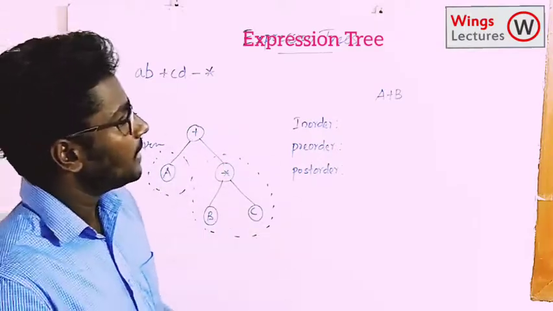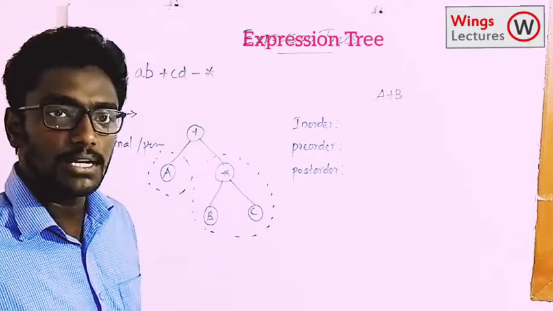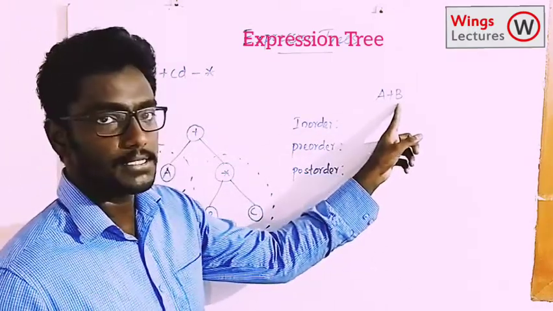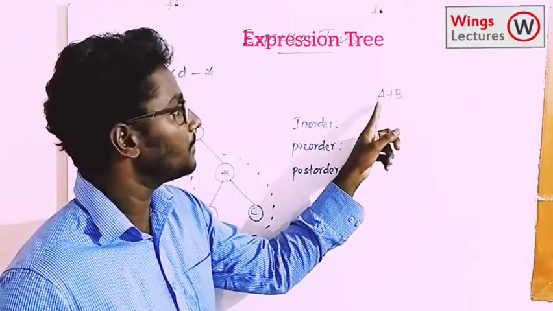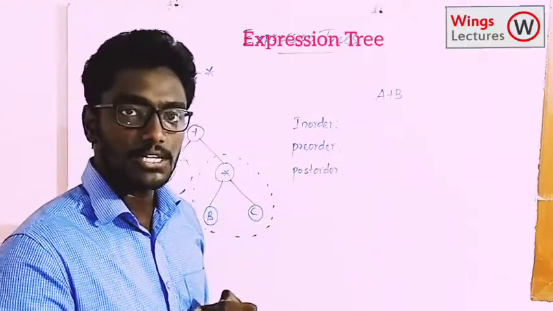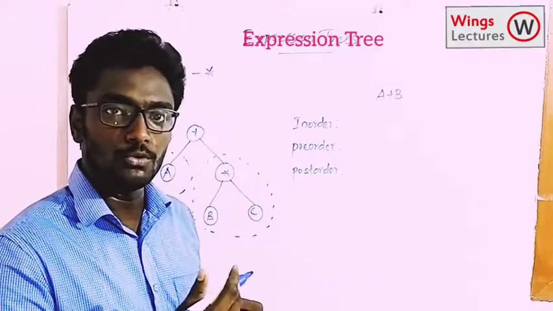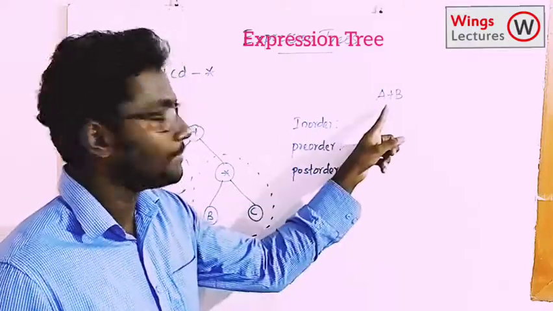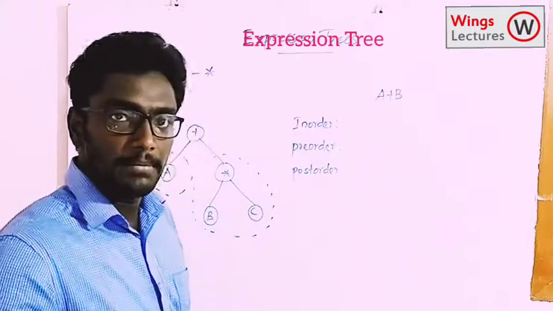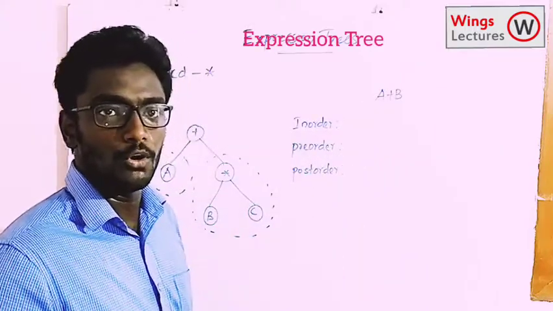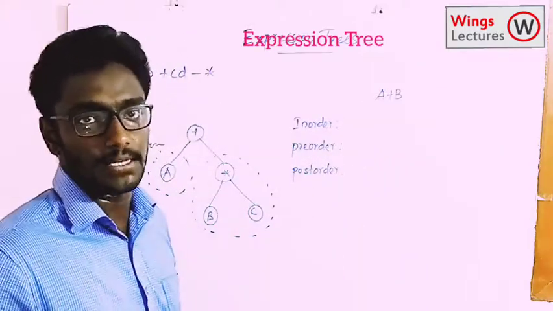Before that, you will have a question like this. Maybe you will have an indirect question like this. They will give a direct expression, so we have to create the expression tree for that expression. We have many methods. In this method we are going to create the expression tree by using stacks.